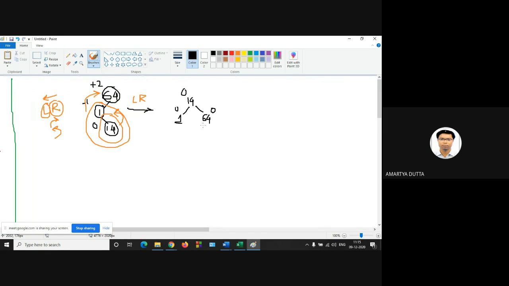It is very complicated rotations. So left of 64. Yes, left of 64. So this is your 26.